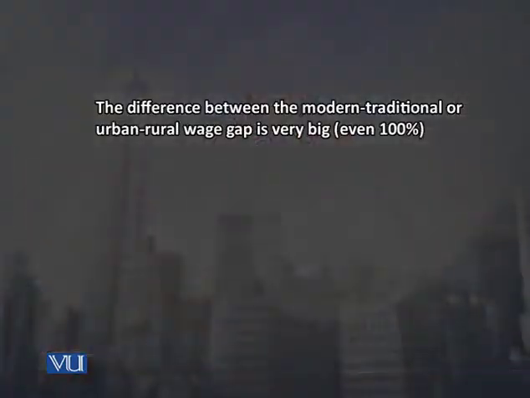So we also see that in most of the developing countries there are certain things that need to be looked at, and if we look at the modern and traditional sector or the rural and the urban areas, we see that there is a wage differential which is sometimes as high as 100%.